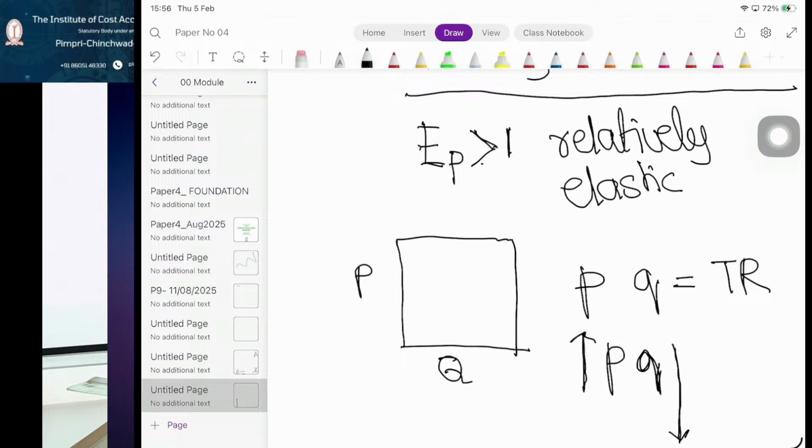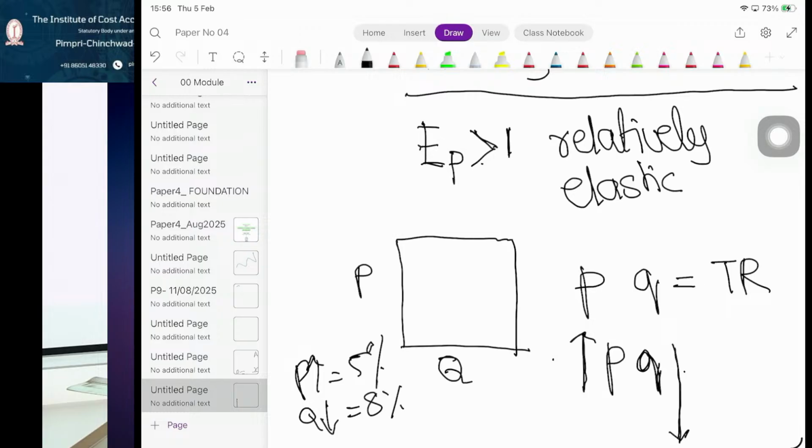Because if price is rising by 10%, quantity demanded is going to fall by more than 10%. Symbolically, the downward arrow is a bigger percentage change than the change in price. For example, price could go up by 5% and quantity demanded could go down by 8%.